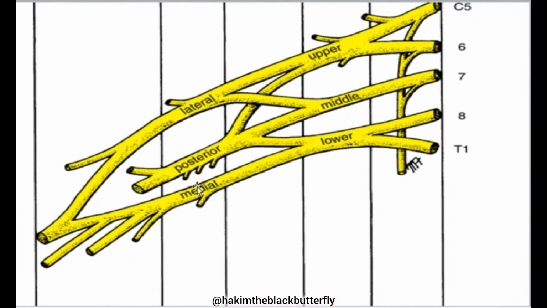These cords are named depending on their relationship with the axillary artery. This is posterior to the axillary artery, and if the axillary artery is there, we will not be seeing it because it lies posterior. This is medial to the axillary artery, and this is lateral to the axillary artery, and the axilla is the armpit. Those are the parts both on the right and on the left.